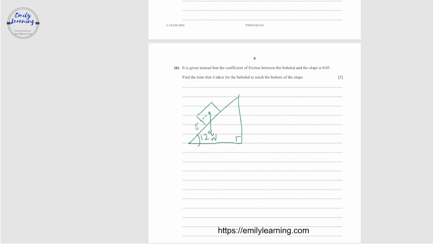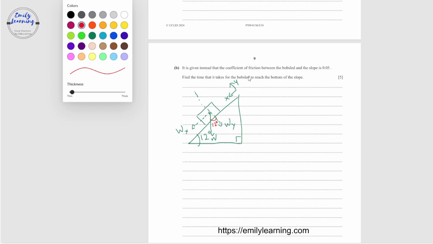So this one is W. Let me call this X and here be Y. This one here is WX and this one here is WY. And I know that this angle here is 12 degrees. You can look at it as this is my triangle. Here is 12 degrees.